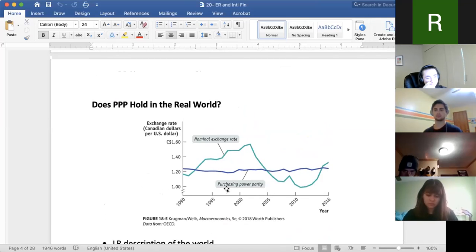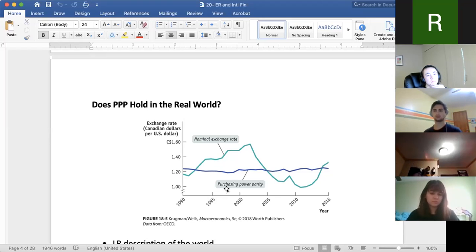Yeah, sometimes we're higher, sometimes we're lower, but if you look over the long run, that purchasing power parity exchange rate is pretty close. In other words, the price of goods in Canada and the US are pretty close to being equal in the long run. As I said, there's some other things that impact exchange rates that we're going to talk about. But in the long run, the biggest one is differences in inflation, right?